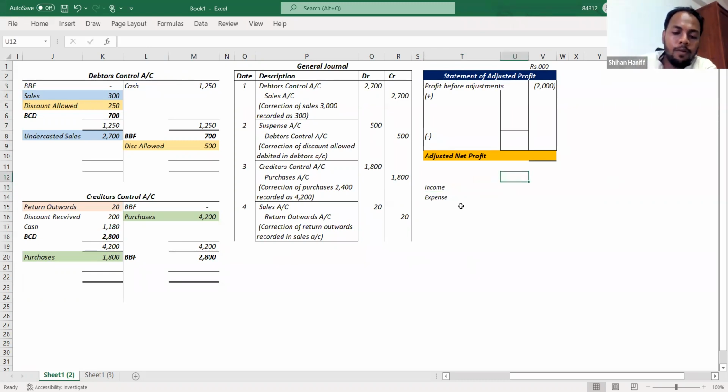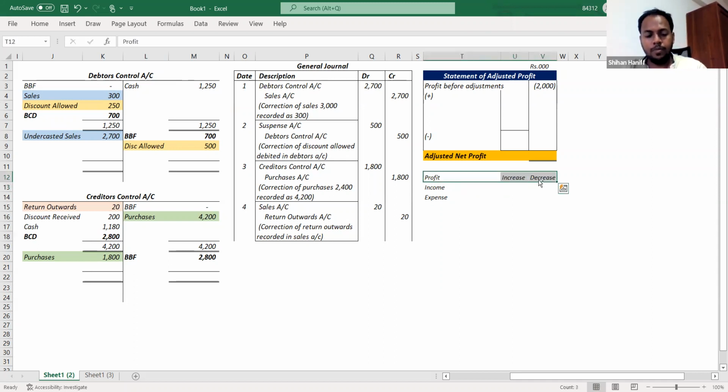So for the profit to increase, right? For an increase of profit, income should be debit or credit?